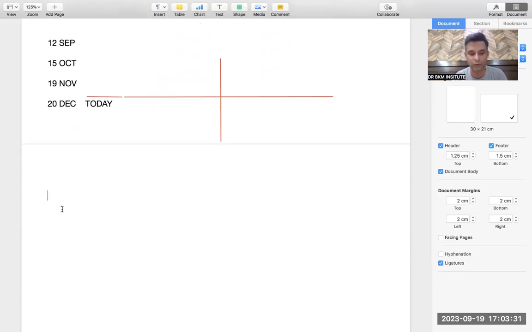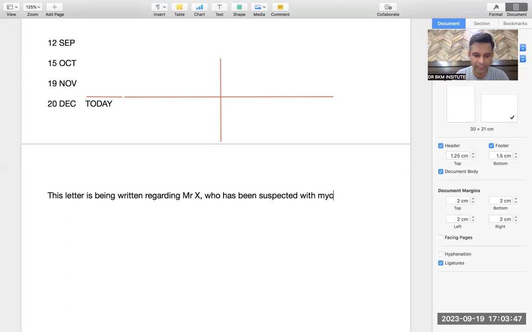The first paragraph, when you do in the visit letter, the problem of today: this letter is being written regarding Mr. X, who has been suspected with myocardial infarction, as he is having severe chest pain.